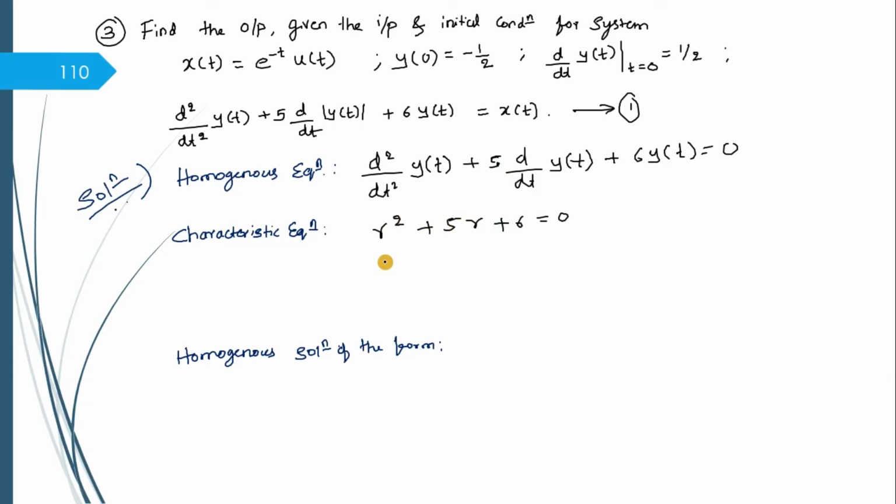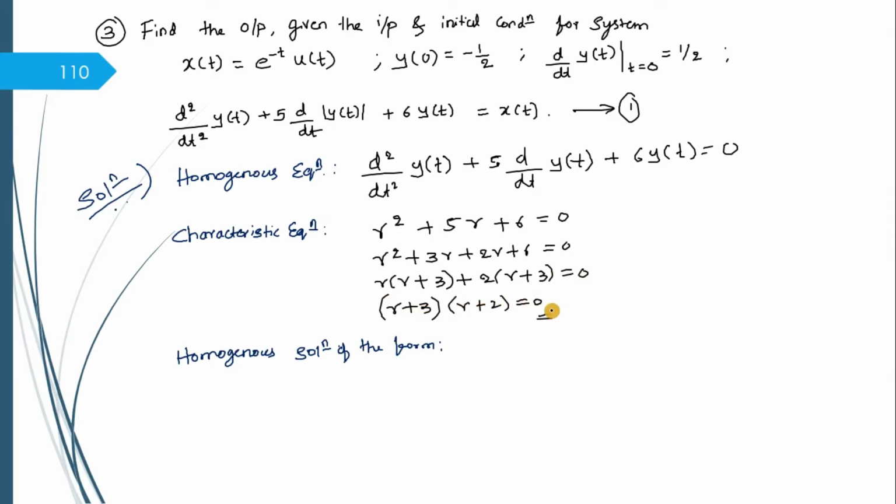To factorize, r square plus 3r plus 2r plus 6 equal to 0. Taking r common, and 2 common, we get r plus 3 times r plus 2 equal to 0. So the roots are r1 equal to minus 3 and r2 equal to minus 2. Now find the homogeneous solution form yh of t.